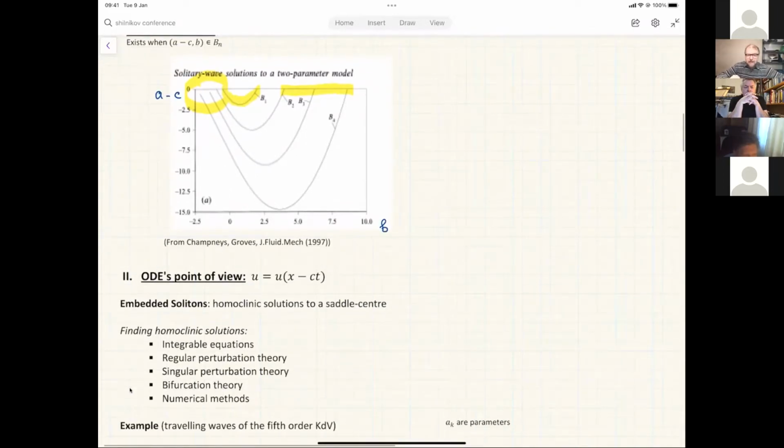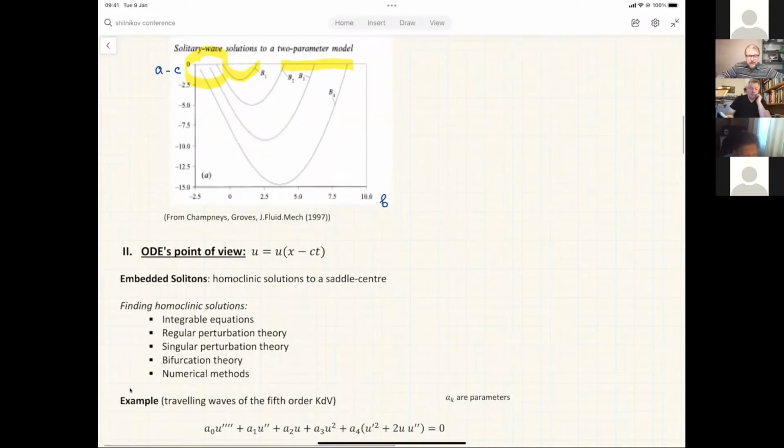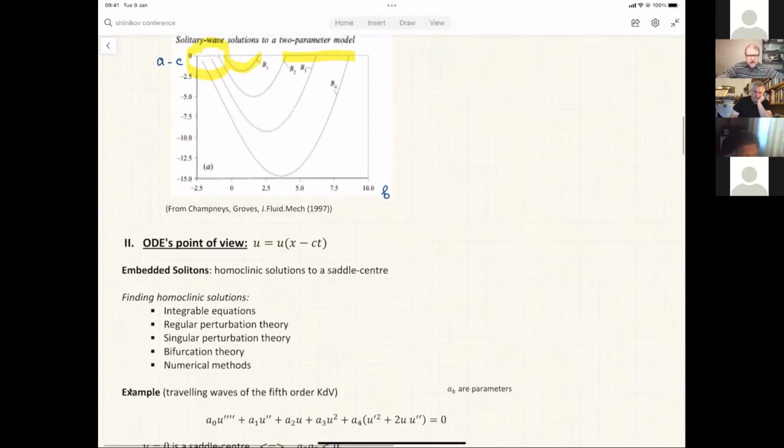Now let's have a look in more detail at which of these methods is applicable to the equation we study. So instead of the equation which I wrote at the beginning, I will write a slightly generalized equation. I am taking the equation which appears from the PDE I showed you at the very beginning, but I replace the coefficients by arbitrary numbers a_k, and in total there are 5 coefficients.